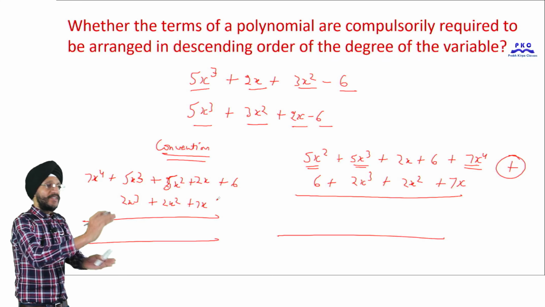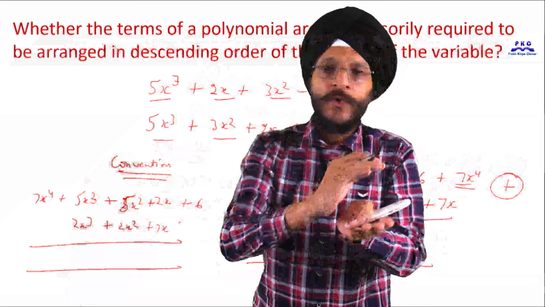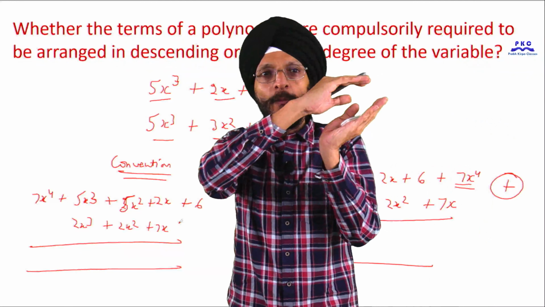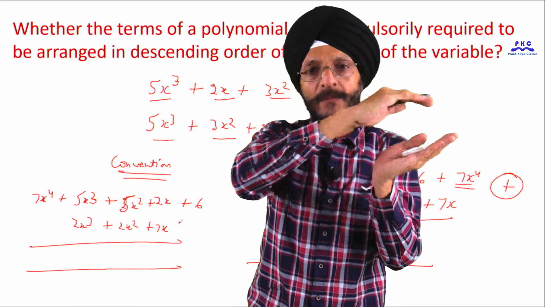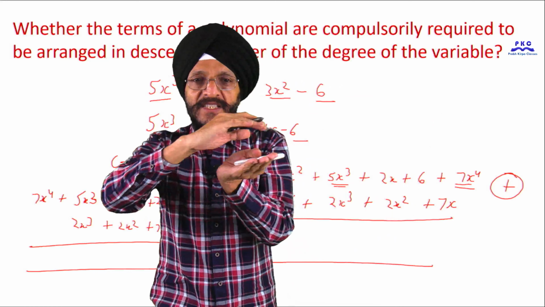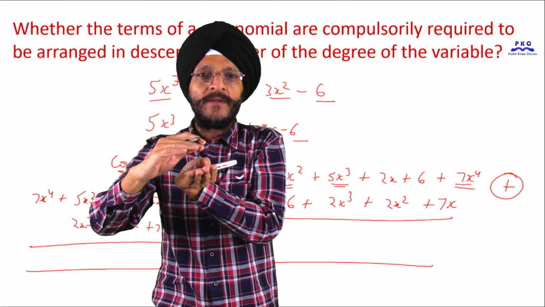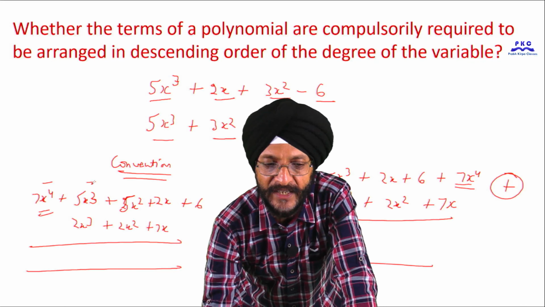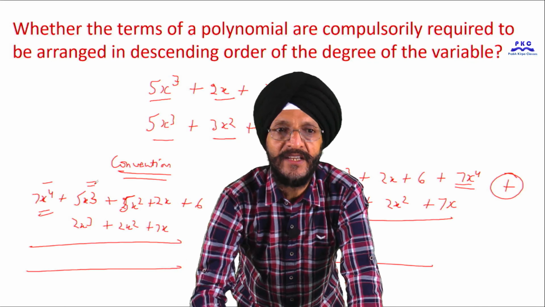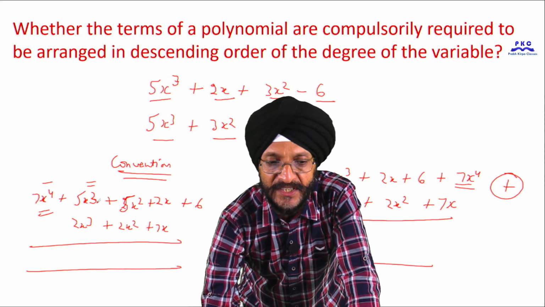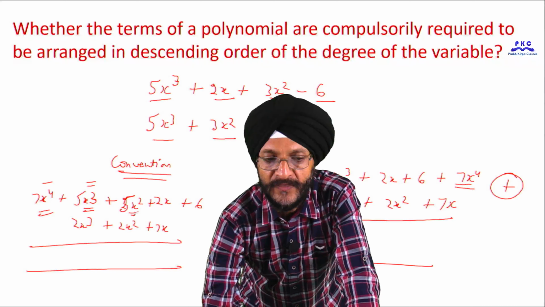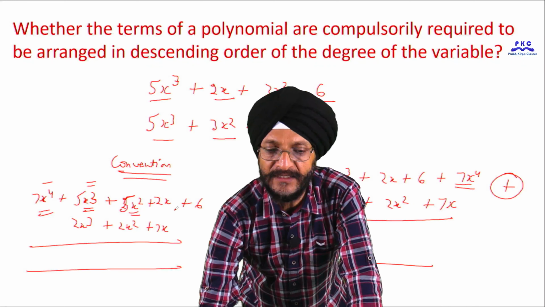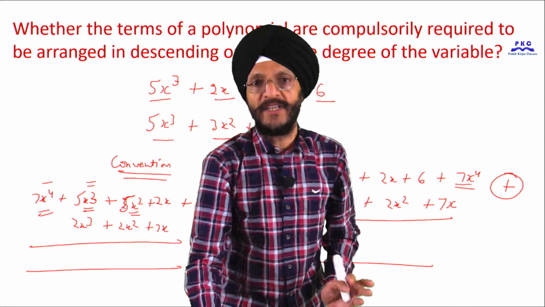So it becomes easy for us to do work with the polynomial if the terms of the polynomial are arranged in the descending order. Because here there is uniformity: first comes the highest degree, then the next highest degree, then the power below this, that is, after x cube comes x square, after x square comes x, and then comes the constant.